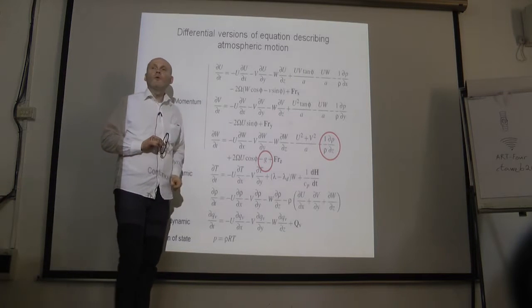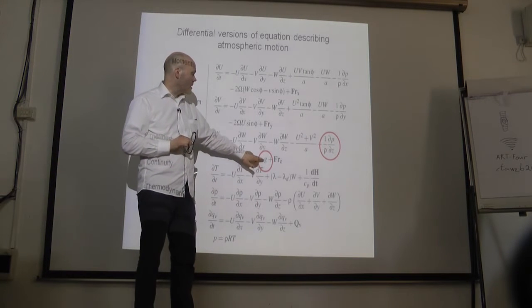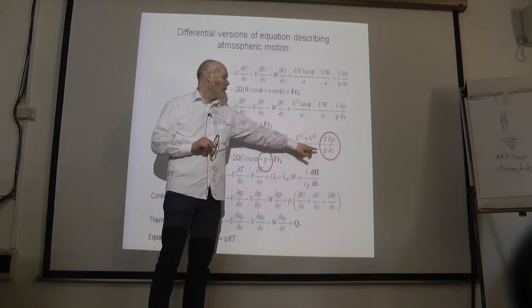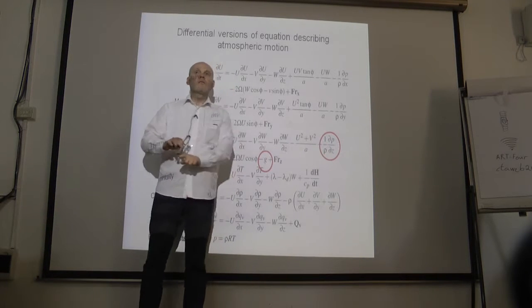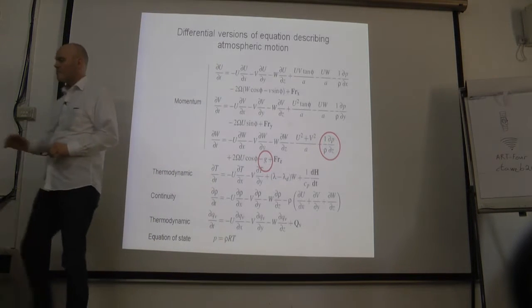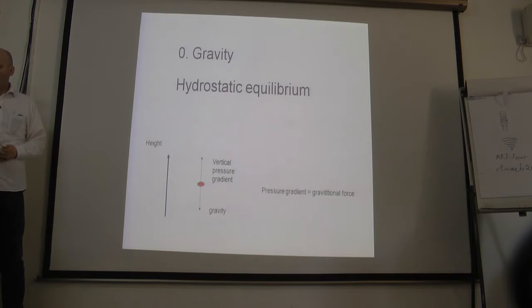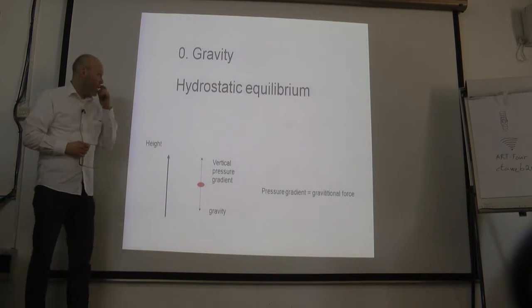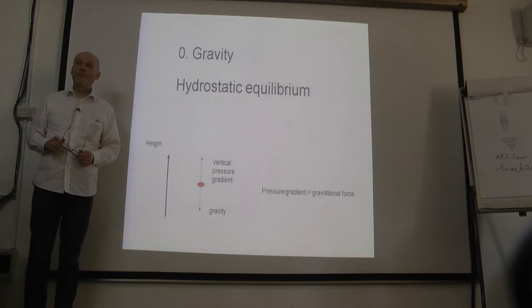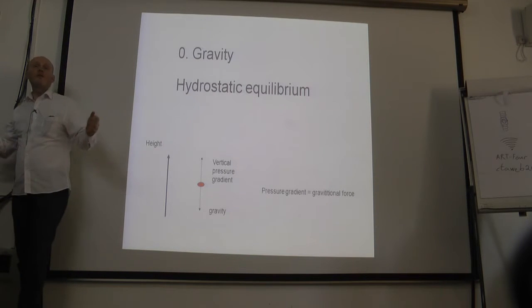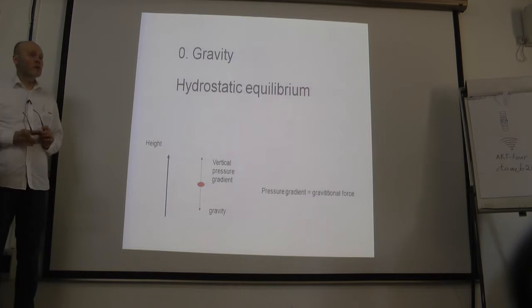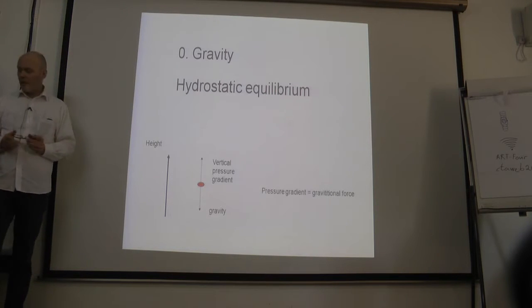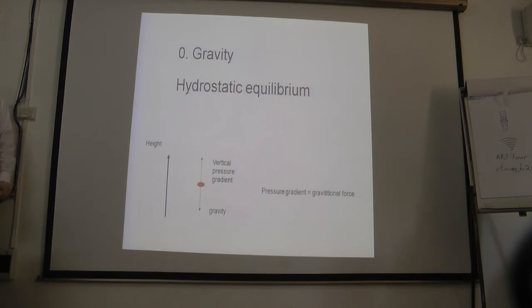And the most simple exercise is to take the gravity and the vertical pressure, and when we do that we get the so-called hydrostatic equilibrium, which is widely used in not only meteorology but in fluid mechanics in general.